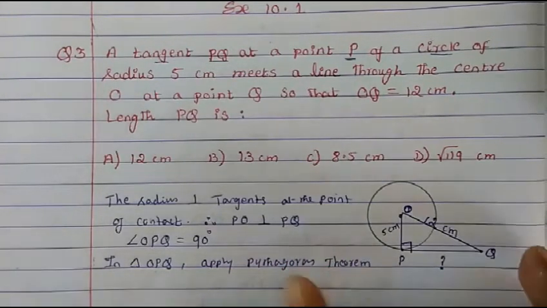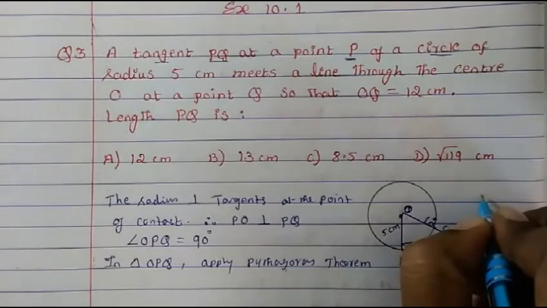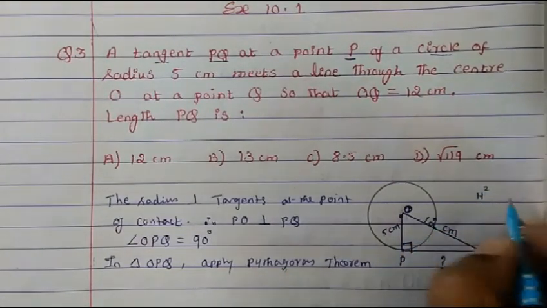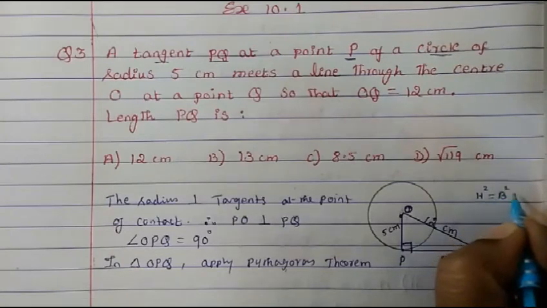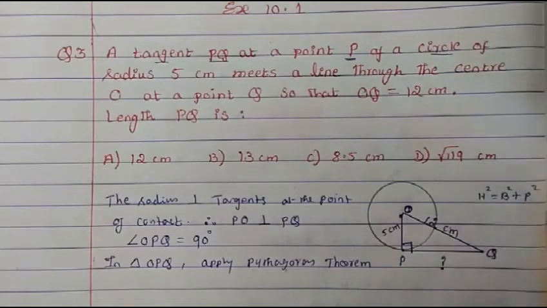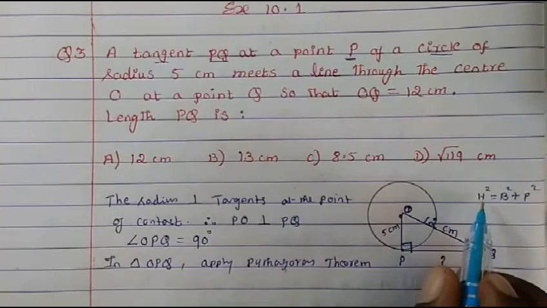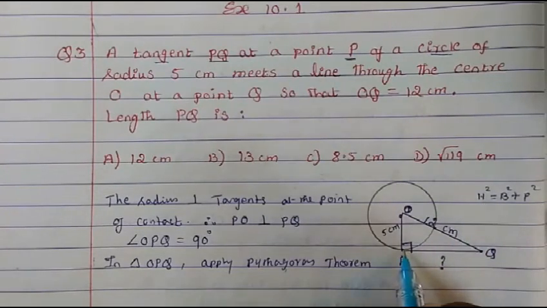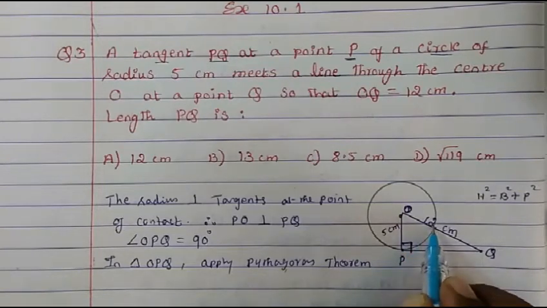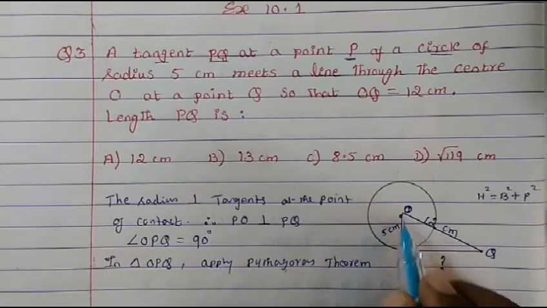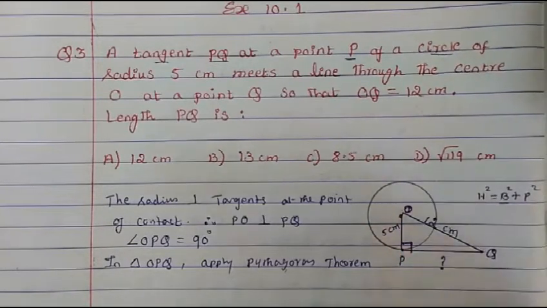Pythagoras theorem says that hypotenuse square is equal to base square plus perpendicular square. Which one is the hypotenuse? The one opposite to the 90 degree. If this is 90 degree, the side opposite becomes the hypotenuse. This line is perpendicular to this, so this becomes perpendicular and this becomes base. We have to find the base.